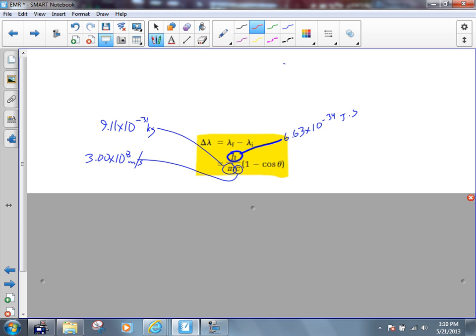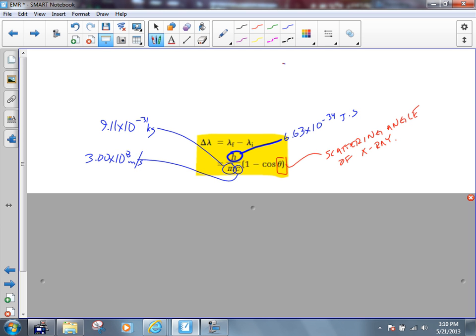Theta stands for an angle, obviously, but specifically, it's the scattering angle of the photon. The X-ray strikes a piece of metal and electrons are ejected.